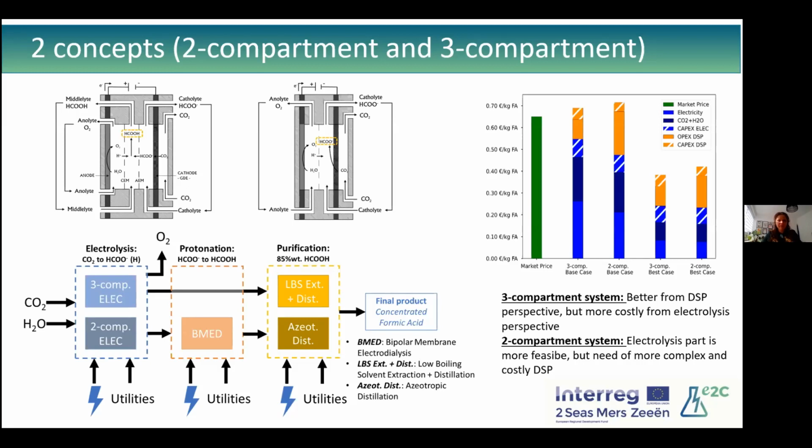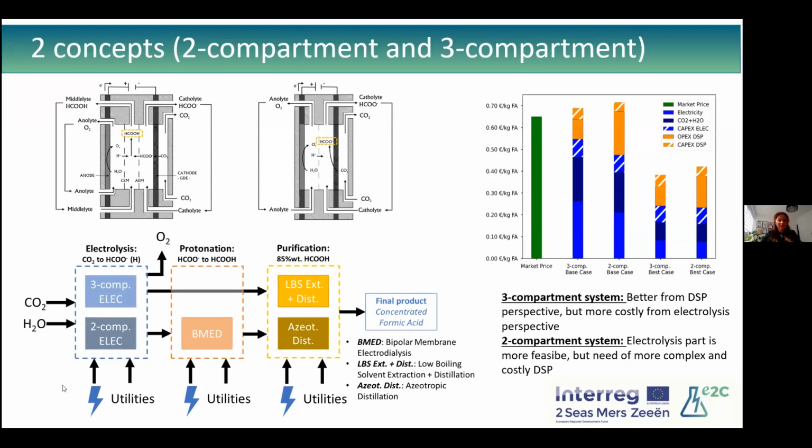But if we compare the total cost of both concepts, summing up the cost associated to the electrolysis and the cost associated to the DSP, we can see in this graph on the top right that in theory they are quite comparable. So that's why we created these 2 bench scales, because we want to investigate experimentally which one is more beneficial.